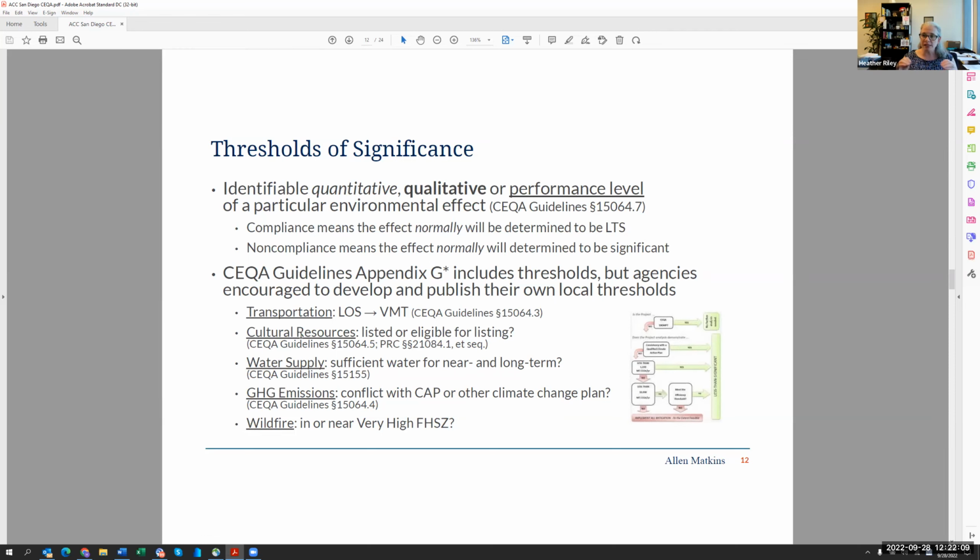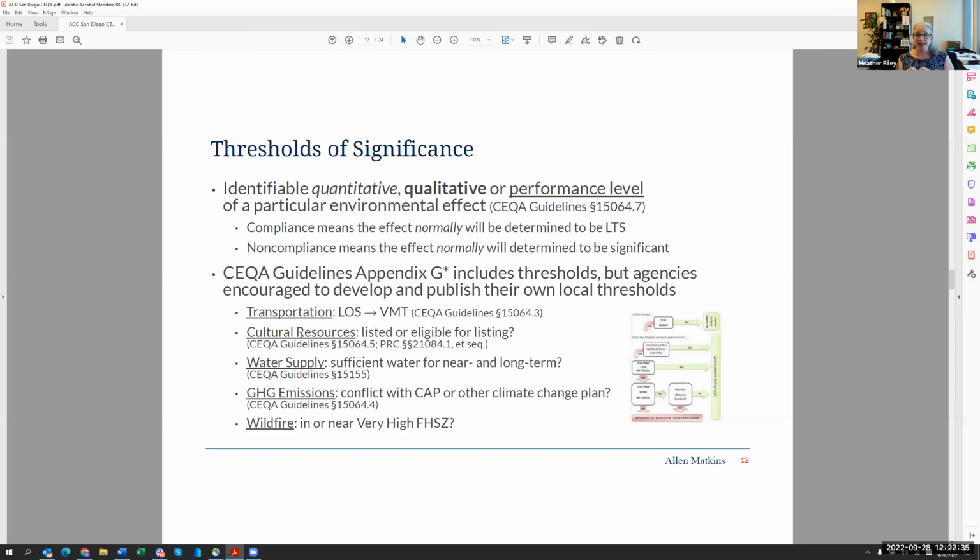Those are performance level, quantitative or qualitative standards. If you are compliant with that standard, normally you're going to be less than significant. That's the term we use. If you're not compliant, you're going to be potentially significant. You are either potentially significant and mitigated, which puts you back below less than significant, or you're potentially significant and you can't mitigate, significant and unmitigated.